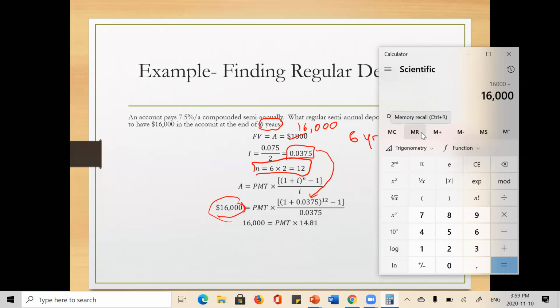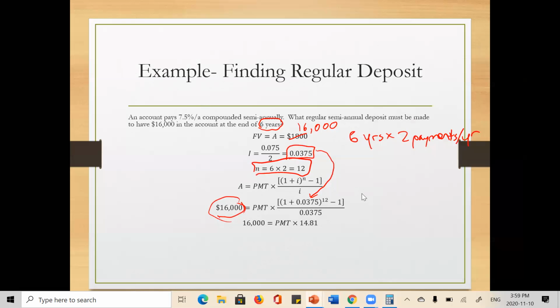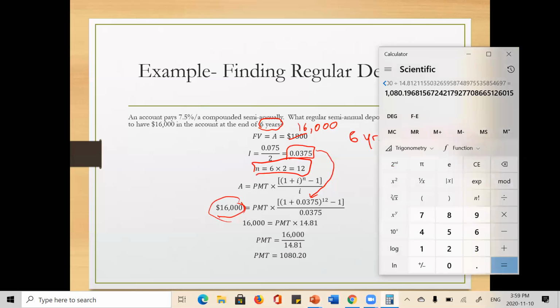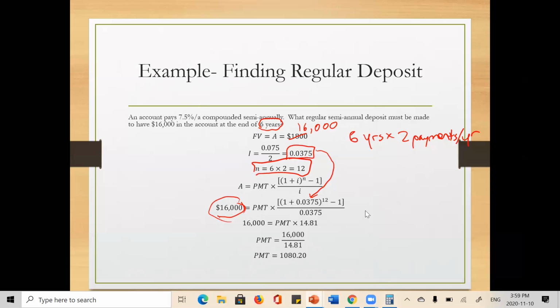So I recall the memory, which is that one right there. Perfect, I got it. It took a while there. So it ends up being $1,080.20 if you round it to 2 decimal places. Sorry, that's how much the regular payment should be, $1,080.20. And that's what should accumulate to give me $16,000 at the end of 6 years.